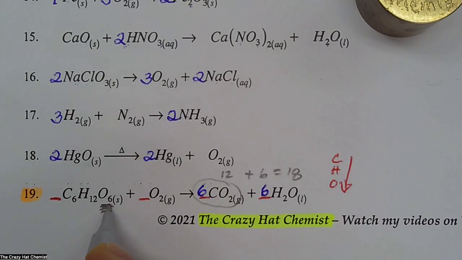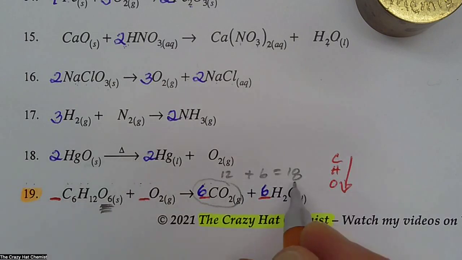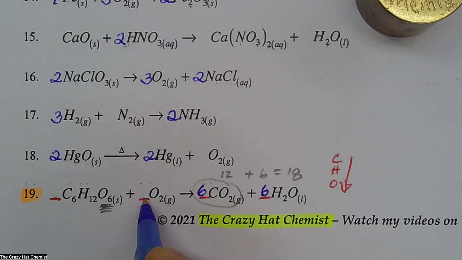So there are 6 plus what number gives me 18? That would be 12. So I need a total of 12 oxygens right here. So that's 6 times 2, that is 12 oxygens. Perfect. I think we're done with this.